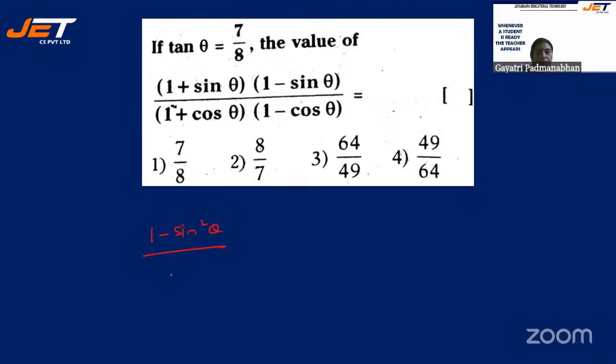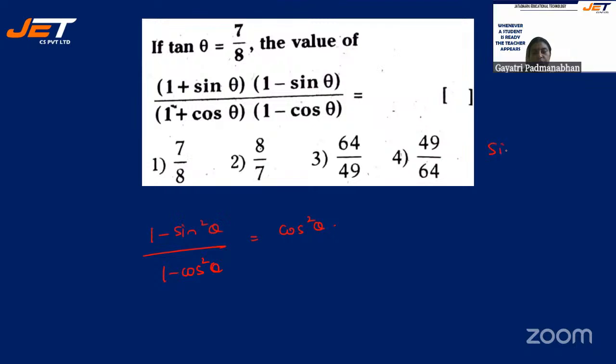Okay, next 1 minus cos square theta, right? So what is 1 minus sin square theta? It is cos square theta, right? And what is 1 minus cos square theta?